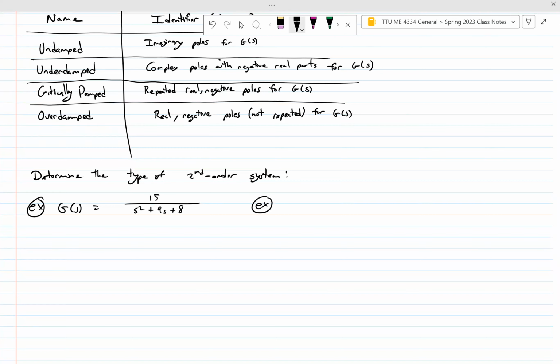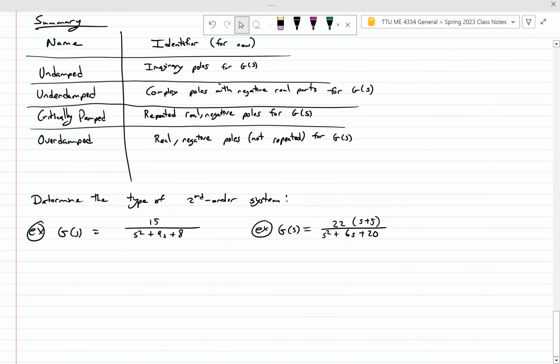And then our second one is going to be G of S is equal to 22S plus 5 over S squared plus 6S plus 20. And that's it for today. So just tell me, which one of these do they fit into? What category? Go.